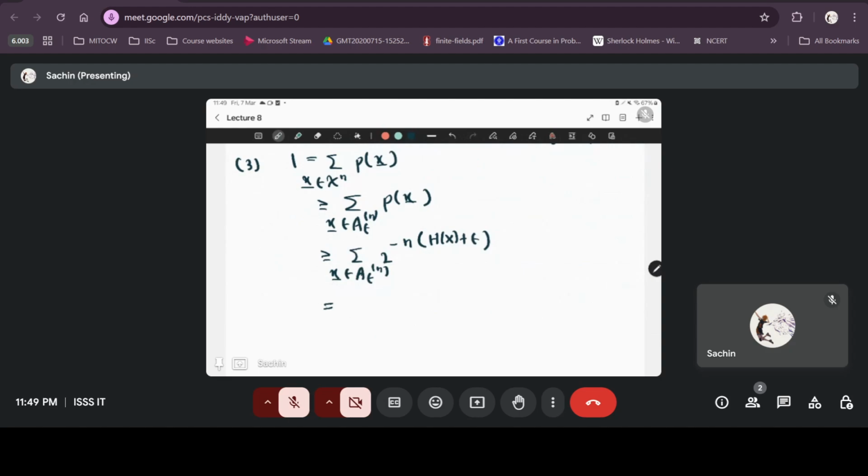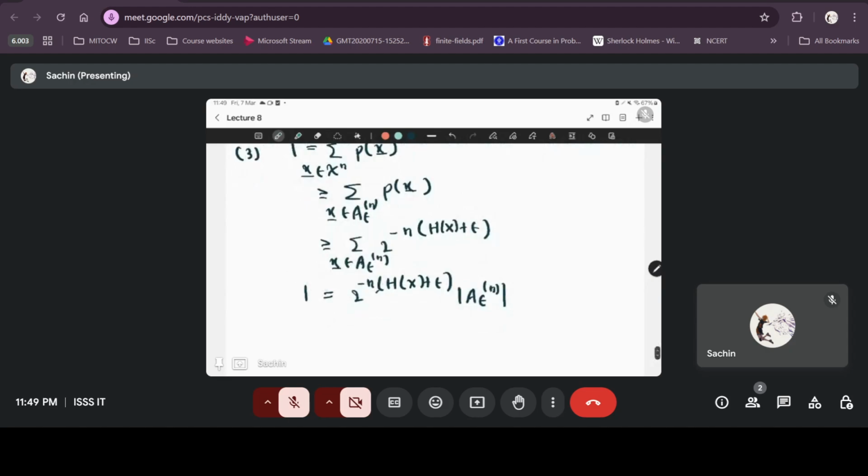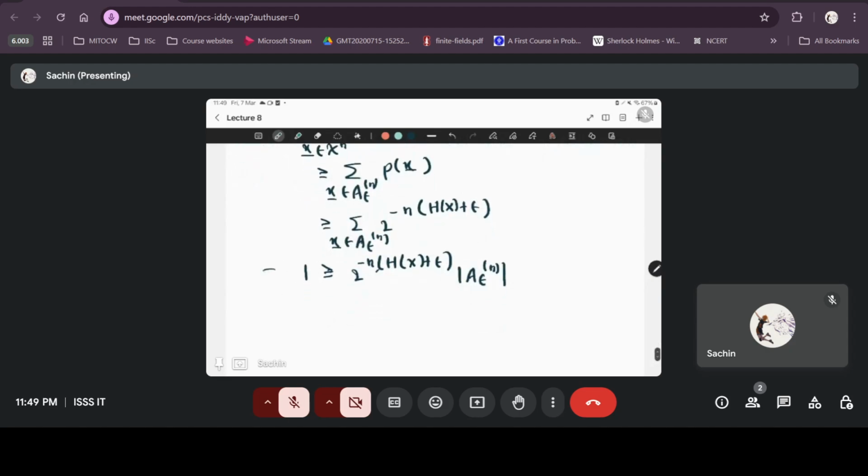It is the same for all x in A epsilon n. So this is 2 power minus n (H of X plus epsilon) times the cardinality of A epsilon. Okay. And bringing it to the other side, the cardinality of A epsilon n is less than or equal to 2 power n (H of X plus epsilon).